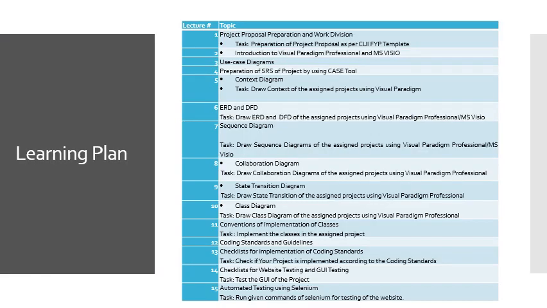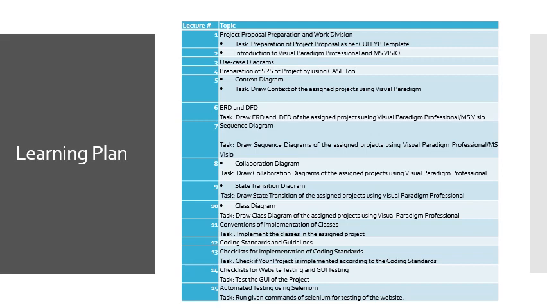Now, here is the learning plan, which is from 1 to 15 lectures, and you will proceed accordingly in each session. First of all, we will start from the project proposal, and from the project proposal to its requirement engineering and its use case diagrams, and how to use case tools for designing the project design and so on.